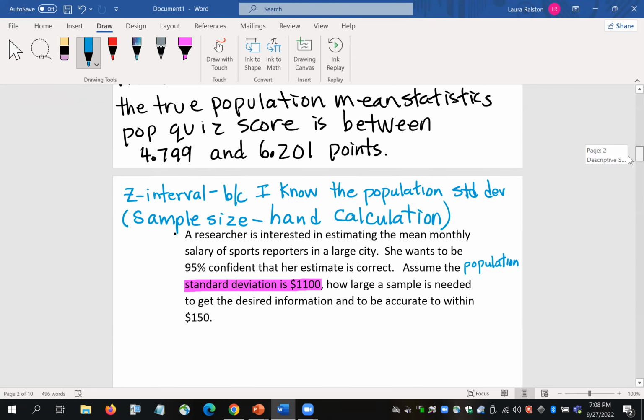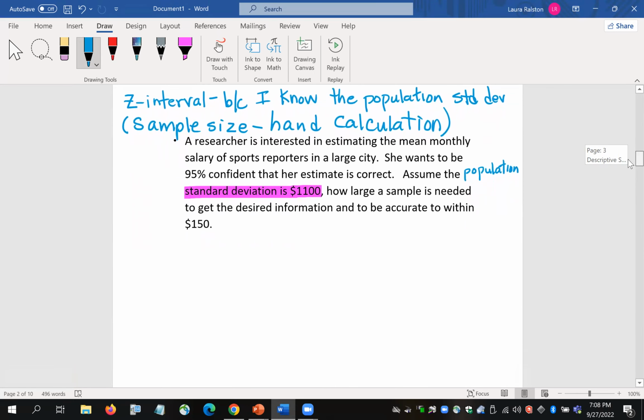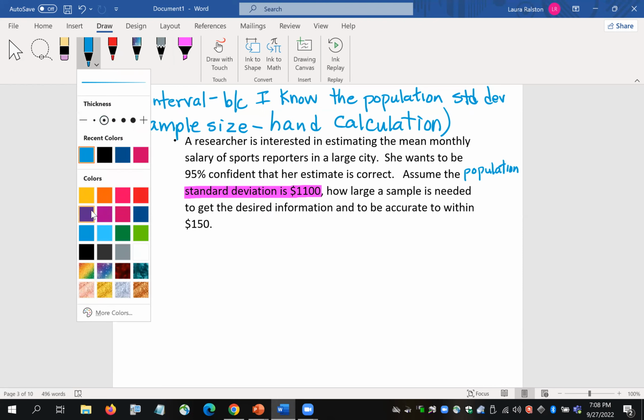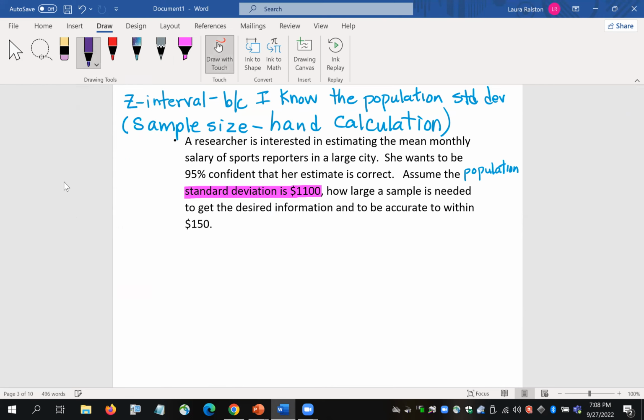It says, a researcher is interested in estimating the mean monthly salary of sports reporters in a large city. She wants to be 95% confident that her estimate is correct. Assume the population standard deviation is $1,100. How large a sample is needed to get the desired information and to be accurate within $150?